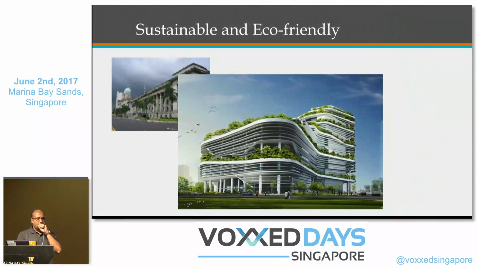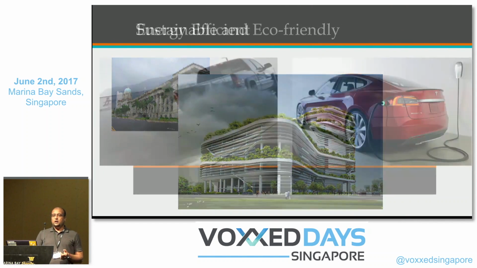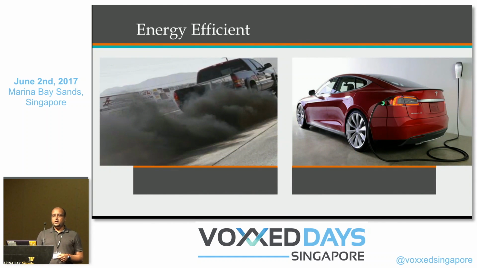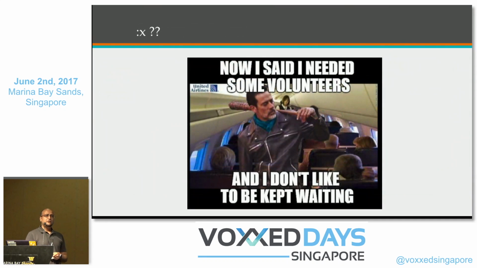We are building more sustainable and eco-friendly buildings than before. We are moving away from gas-guzzling cars to more environmentally friendly alternatives. And we have revolutionized the way we travel.